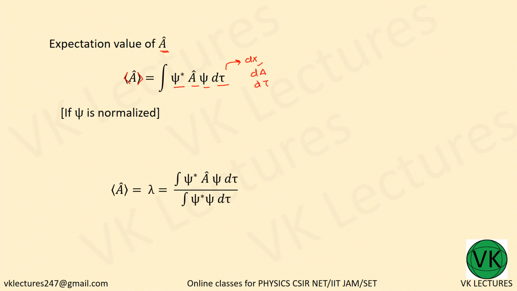It can be anything, if psi is normalized. Now this is only when the wave function psi is normalized. If it is not normalized, we have to use the expectation value of A equal to lambda, which is equal to integral psi star A psi d tau divided by integral psi star psi d tau. This will give you the expectation value.